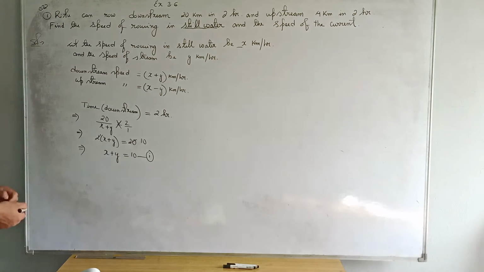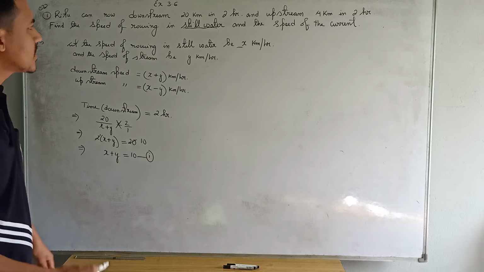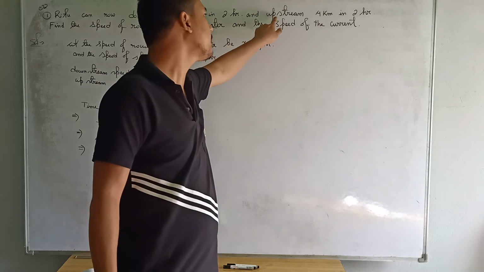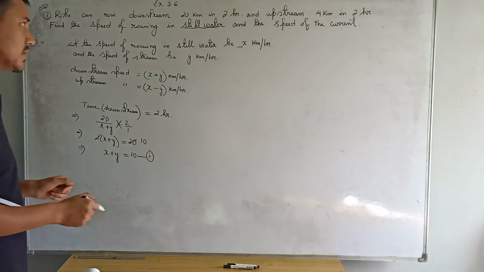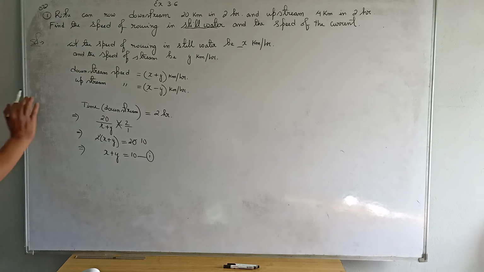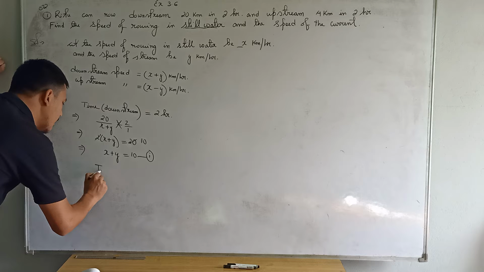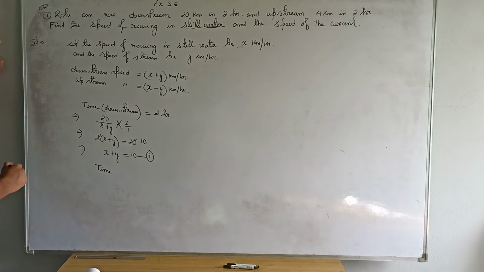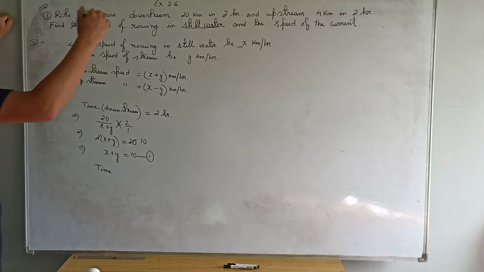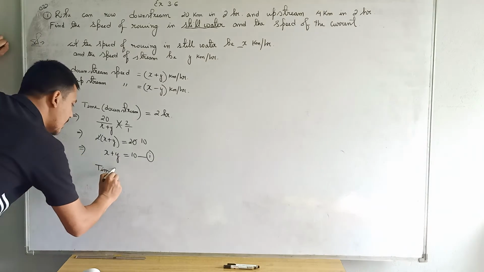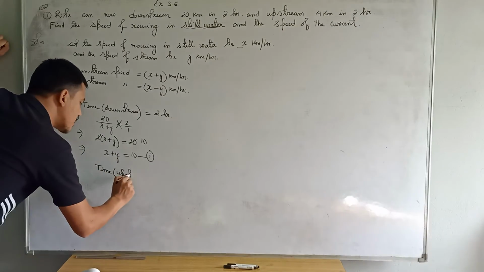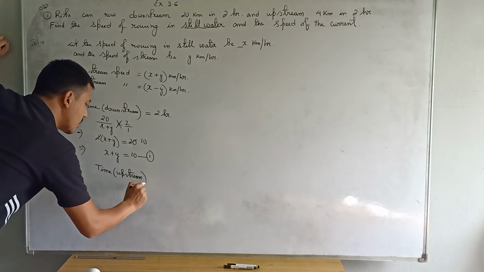Now, the second part of the question says, if Ritu rows her boat up the stream, she can cover only 4 kilometer distance in 2 hours. If Ritu goes up the stream, she can cover only 4 kilometers in 2 hours. So time taken by Ritu in going up the stream is 2 hours.